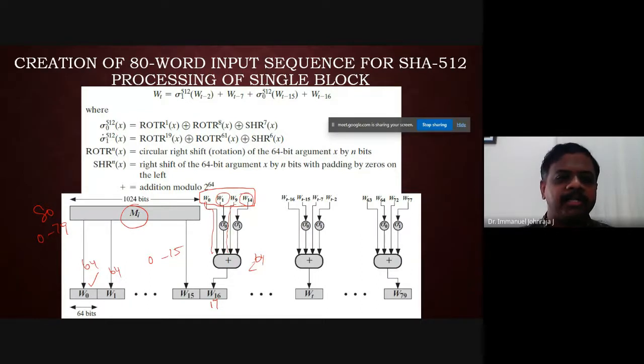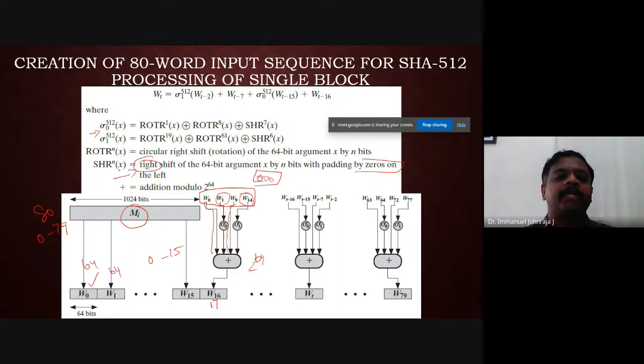What is happening in the sigma function is very simple. It rotates the value one time, XORs the value rotated 8 times, then a shift. What is shift? Right shift of the 64-bit argument x by n bits, padding. It is not circular, it is only a right shift. The remaining values are replaced with 0.